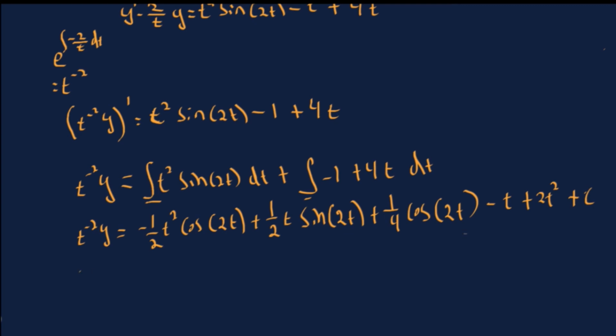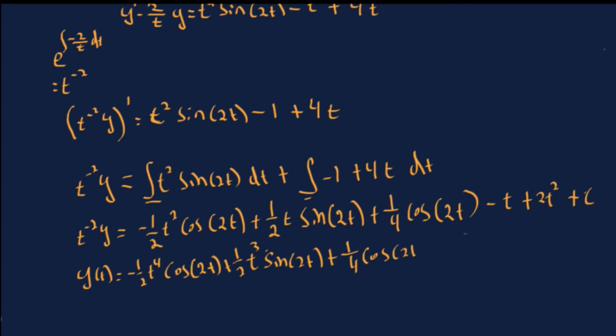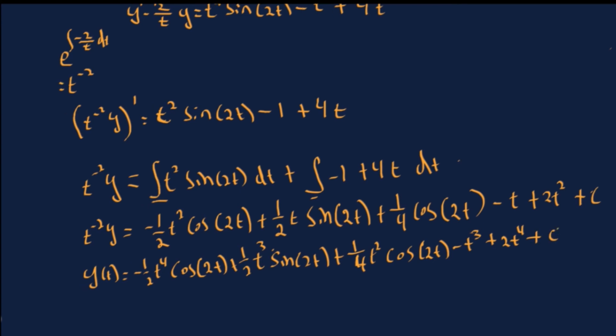So that will give you y of t is equal to -1/2 times t to the 4th times cosine of 2t plus 1/2 times t cubed times sine of 2t plus 1/4 times t squared times cosine of 2t minus t cubed plus 2t to the 4th plus constants of integration times t squared. And there you go. This is our general solution.